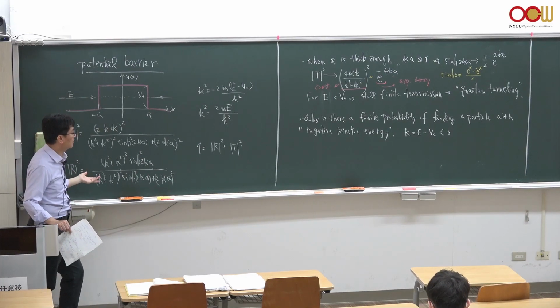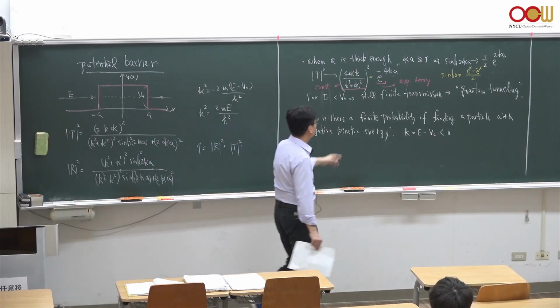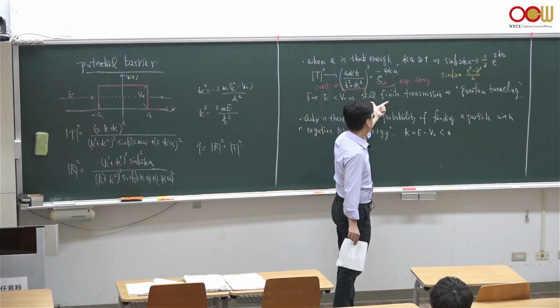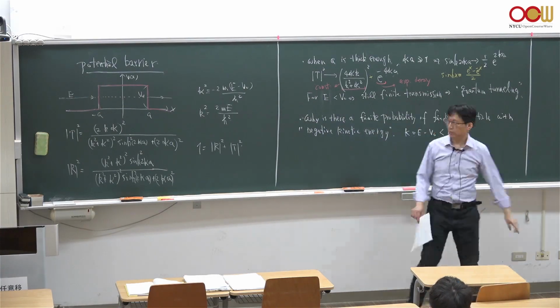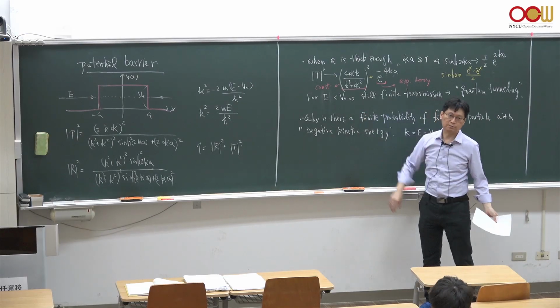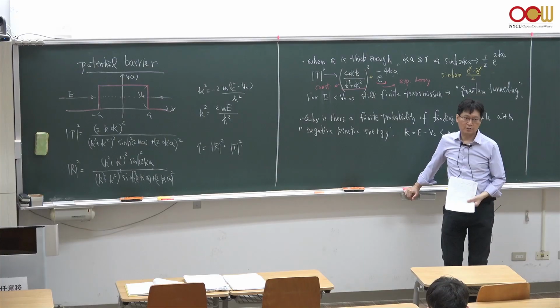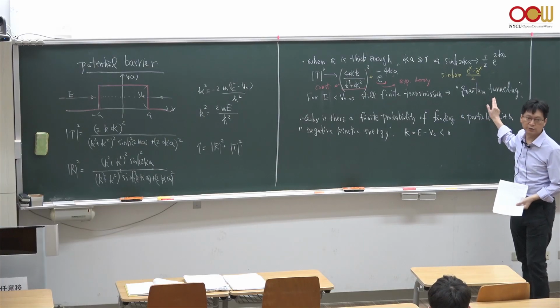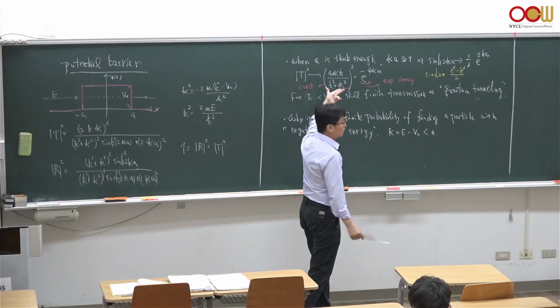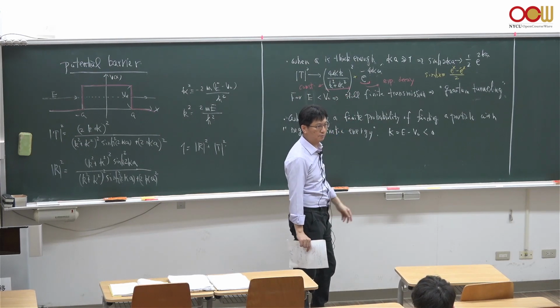in quantum mechanics it is allowed. You can see from this calculation that there's still a finite transmission coefficient, even though the energy is lower than the potential barrier V0. This phenomenon is called quantum tunneling, which I mentioned many times. So finally, you see the corresponding mathematics.